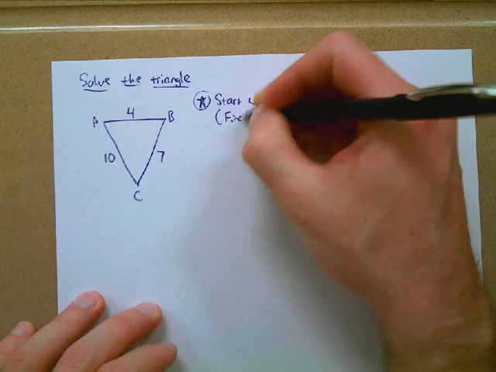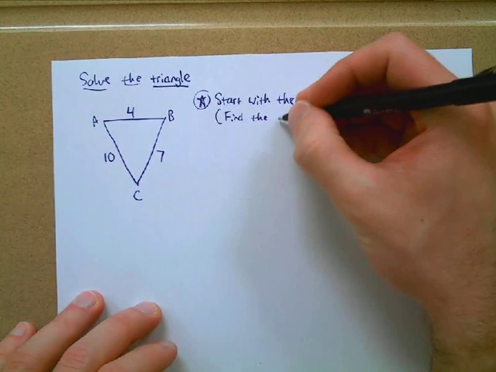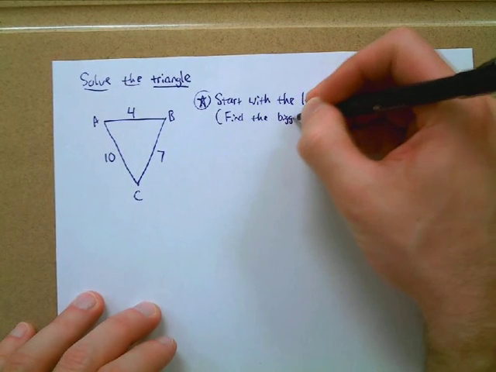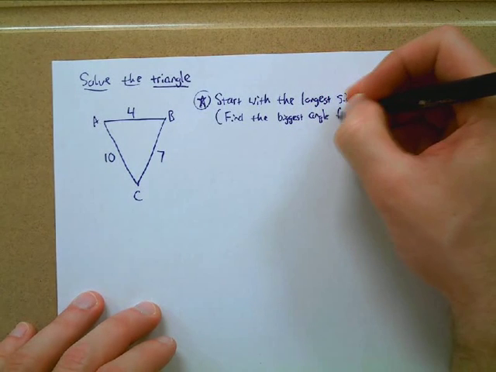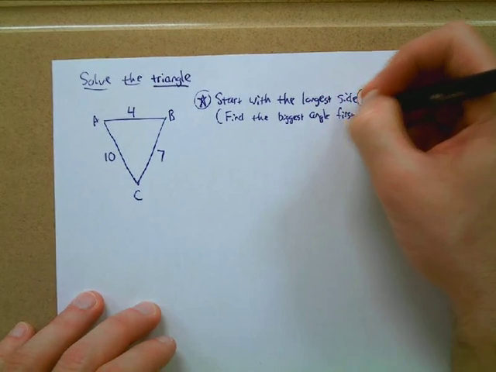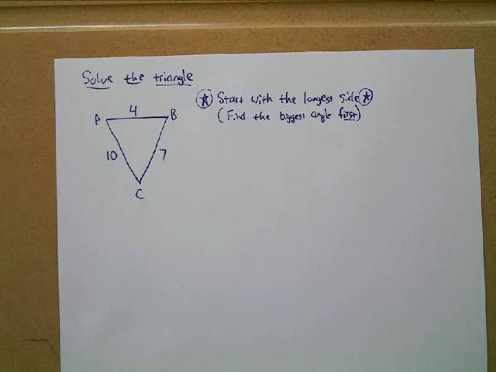We always know the biggest angle is opposite the biggest side. Okay? So in other words, we want to find angle B in this case. Alright? So if we go back to our law of cosines, that's not the right thing.